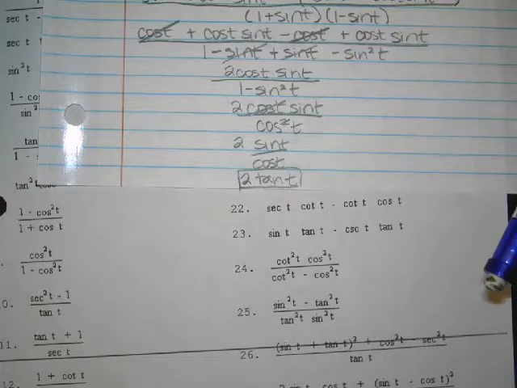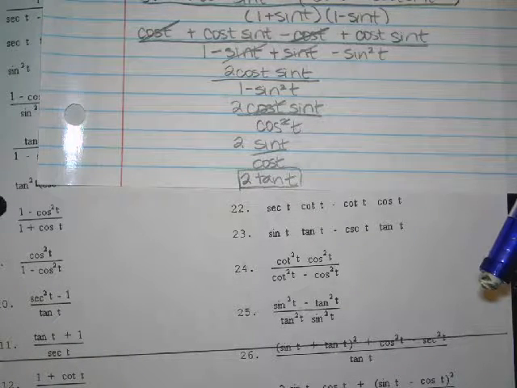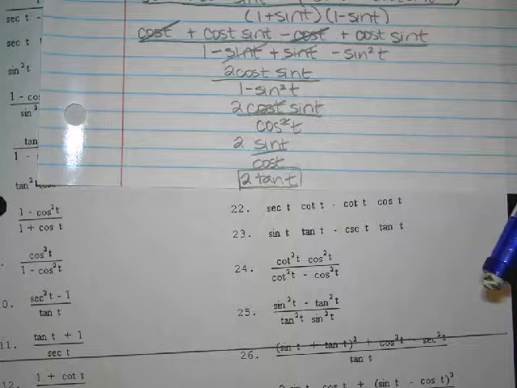Okay. Now, are they always that long? No. The problem probably would have been easier to do with the Pythagorean identity and get a common denominator right from the beginning.